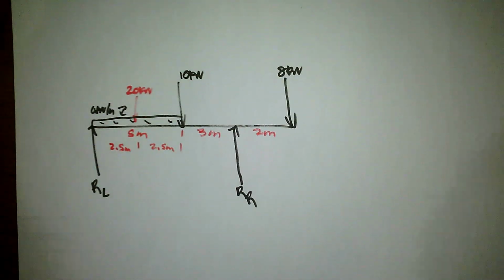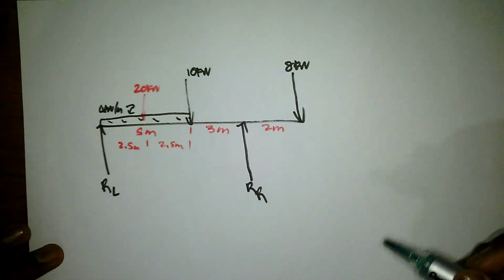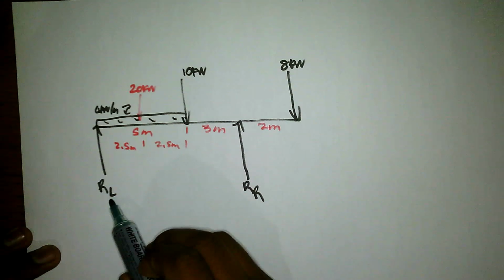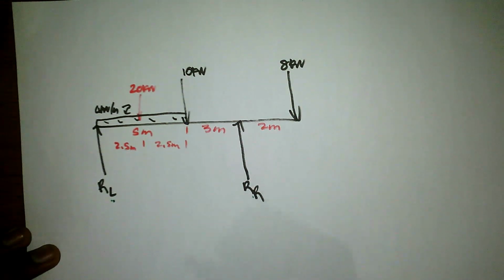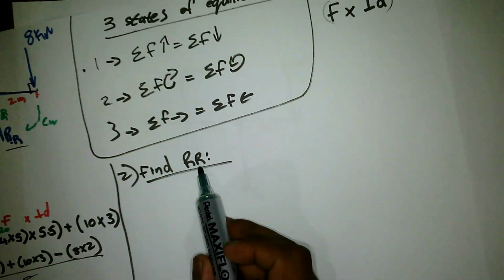Now we've redrawn our same beam once again, but now it's a bit flipped. So now we will be looking at RL as a reference point to find RR.